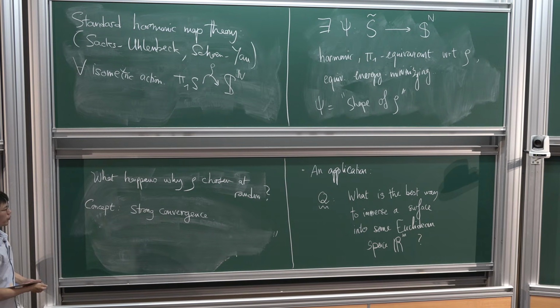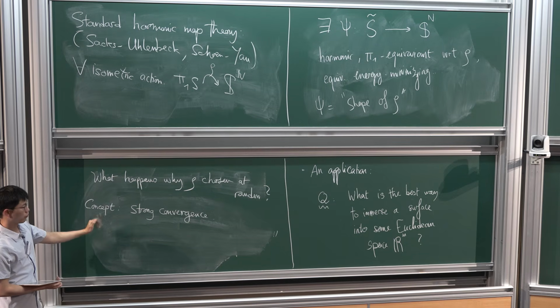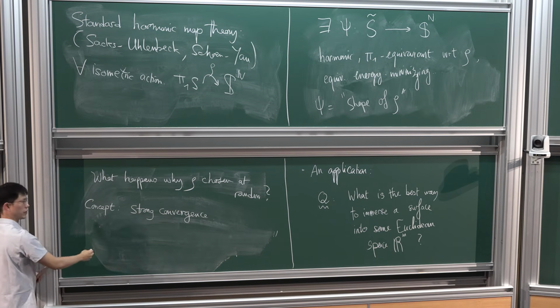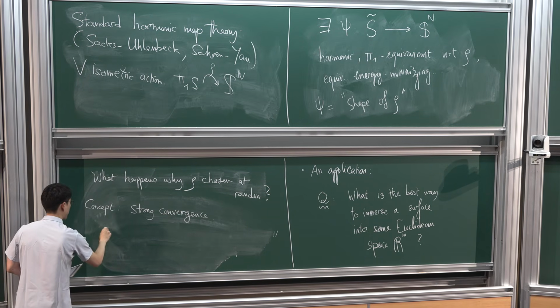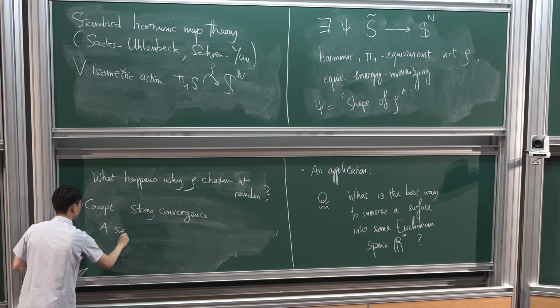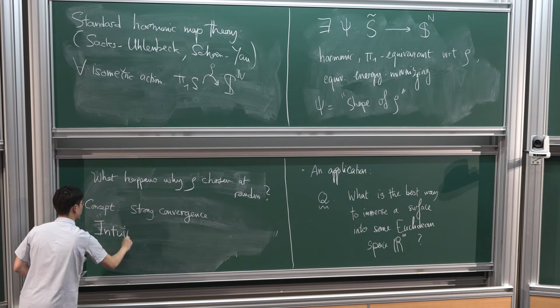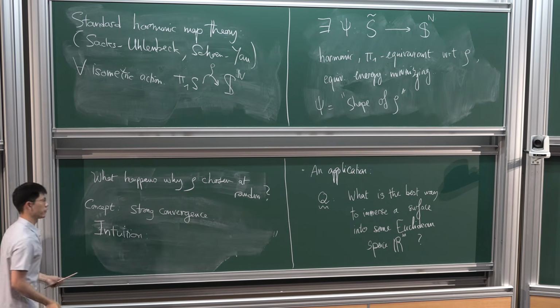Instead of giving you the formal definition, which I'm going to give you in the next lectures, I want to give you some intuition on what strong convergence means or achieves. First, it's a property for sequences of isometric actions of pi1s, for example. Let me give you some intuition.